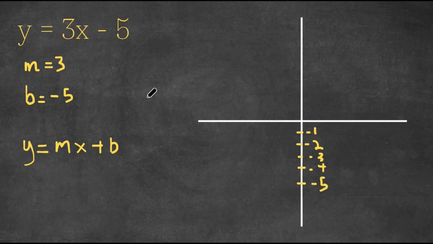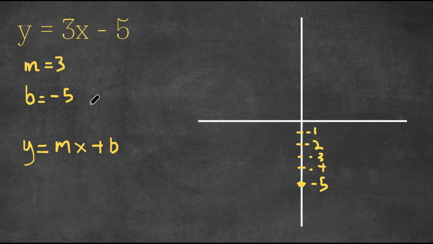So because b is negative 5, we would put a point right here on negative 5. And this is only for the y-axis because this is the y-intercept. If this were positive 5, I would put the point right around here where 5 is. But this is negative 5, so this would be going down, and the point would be right here.